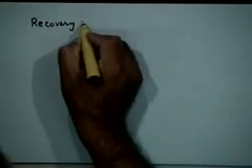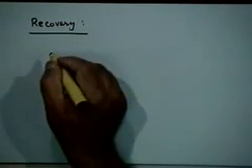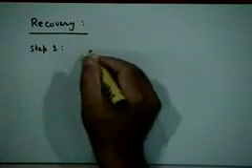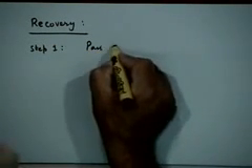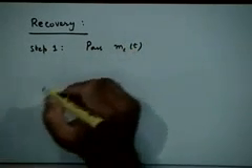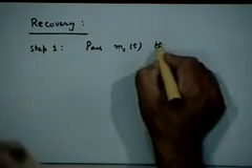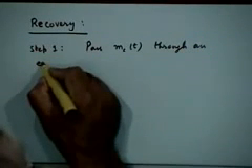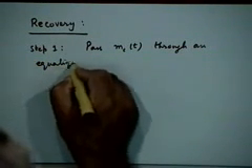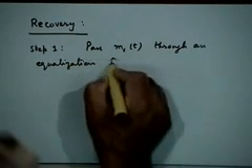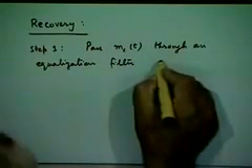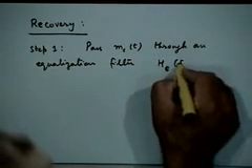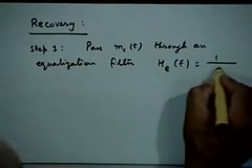So, the recovery or demodulation will be as follows. It will be actually a two-step process. In step 1, you pass the modulated signal through an equalization filter with transfer function, let us say H_E(f) equal to 1 by H(f).